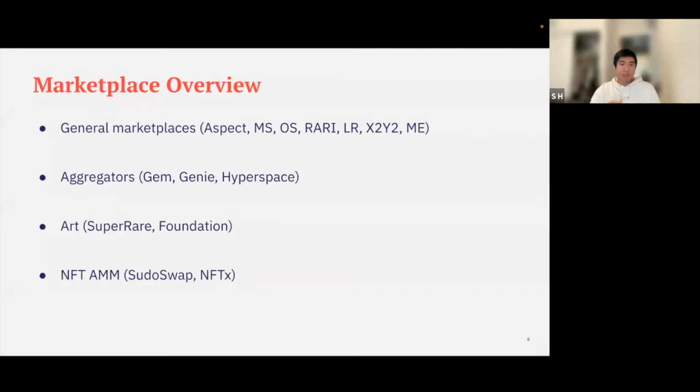Those are less collection based, where you see Bored Apes or CryptoPunks, but really individual artists trying to make a living selling their digital art. And then we have other newer and interesting models like NFT AMMs with SudoSwap. Basically, they trade the floor price of a collection, and people can provide liquidity and swap in a permissionless fashion.